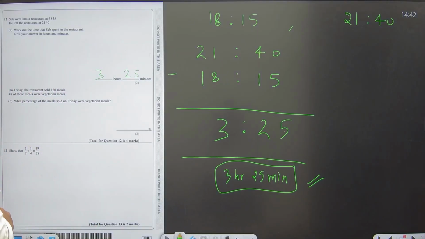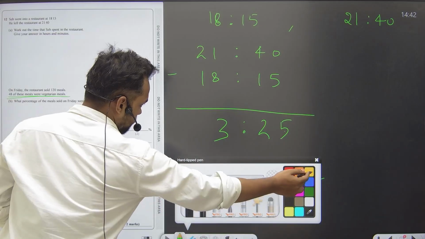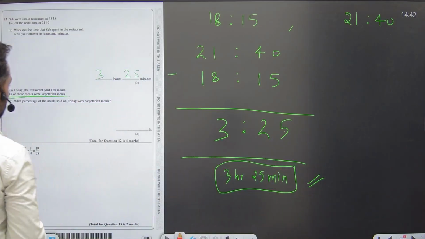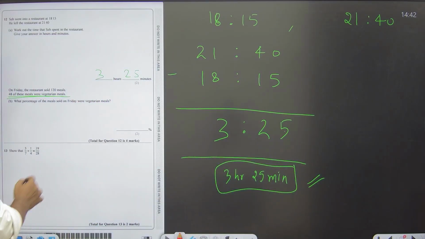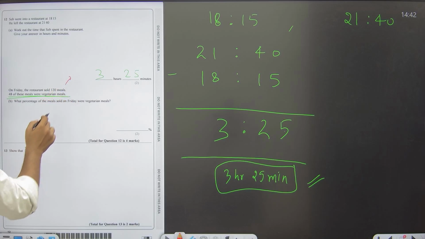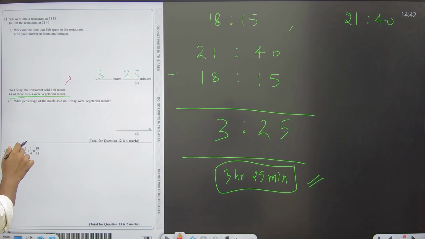On Friday, the restaurant sold 120 meals. 48 of these meals were vegetarian meals. What percent of the meals sold on the Friday were vegetarian meals? Total meals were 120 and 48 meals were vegetarian.